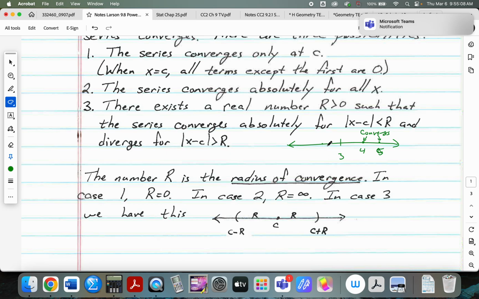And they might ask you about, well, what's going to happen at, for example, 2.5? What has to be true at 2.5?